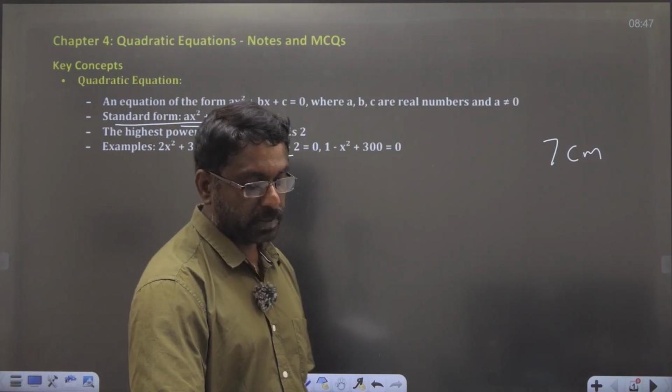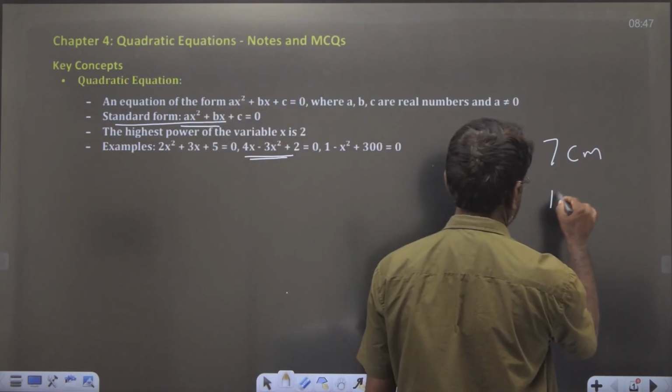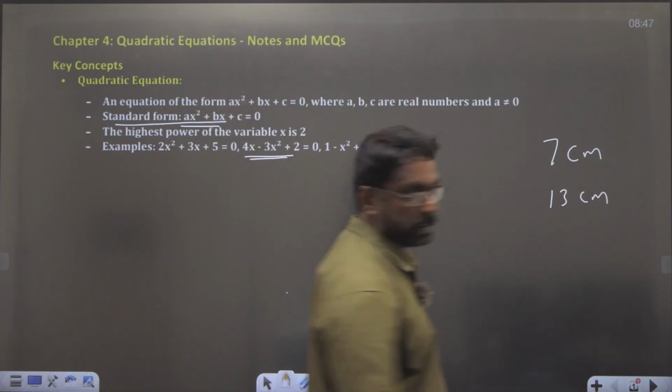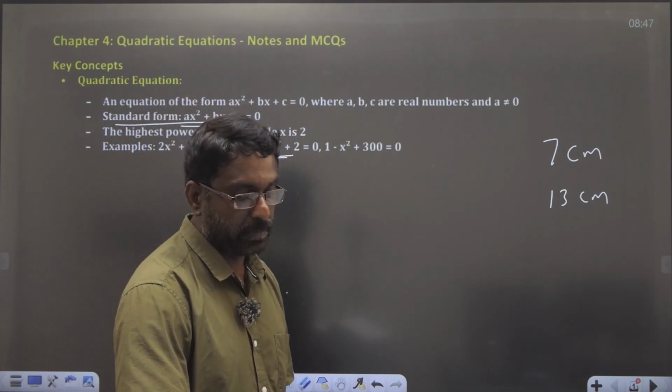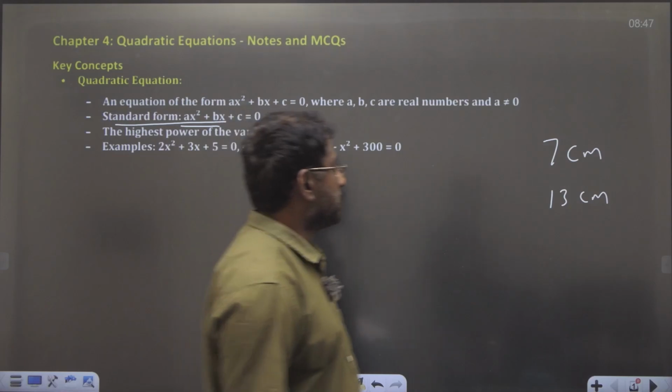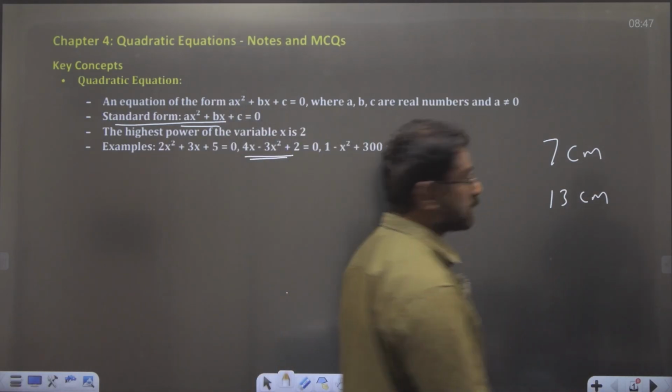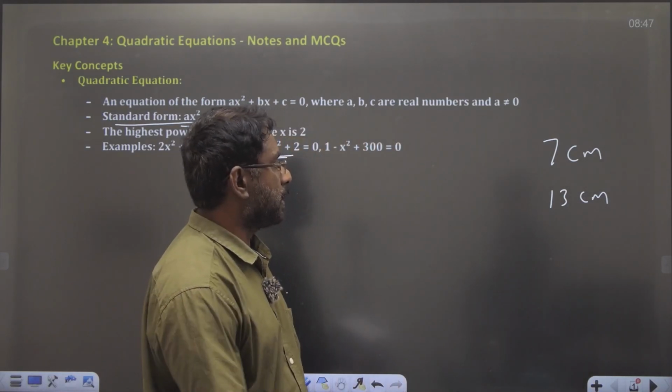If the hypotenuse is 13 centimeter, find the other two sides.